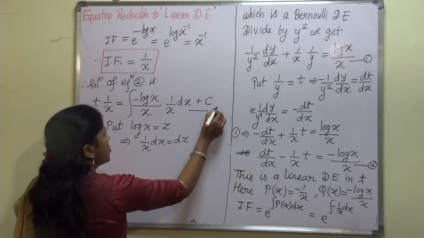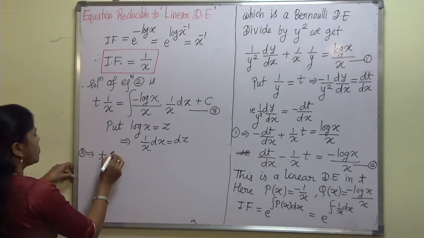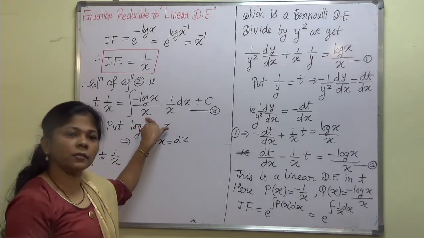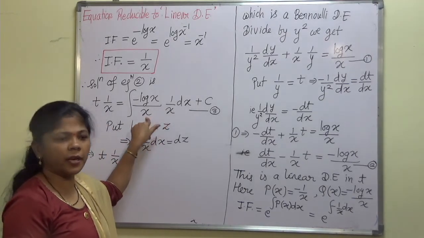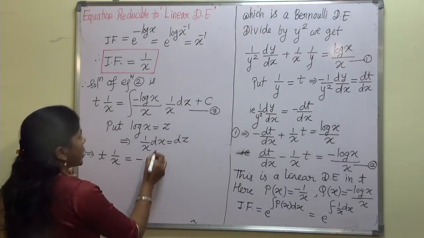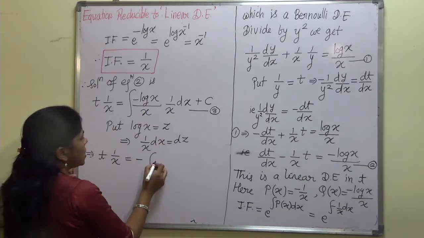If you wish you can call this equation 3. So 3 implies t into 1 by x. Remember, substitution is done just for solving the integral. So it is equal to minus integration of, log x is z, 1 by x dx is dz.